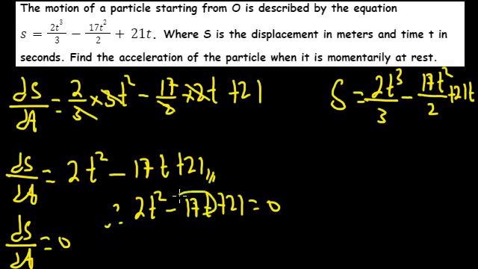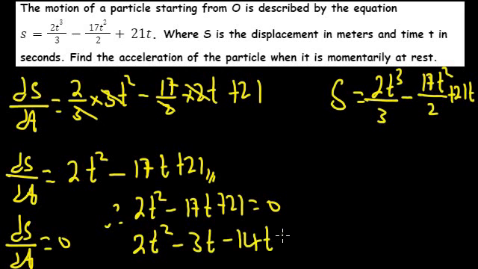So let's replace minus 17t with minus 3t minus 14t. So we have 2t squared minus 3t minus 14t plus 21 equals 0. So now let's put them within the parentheses.